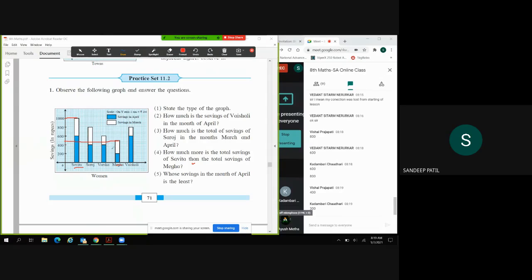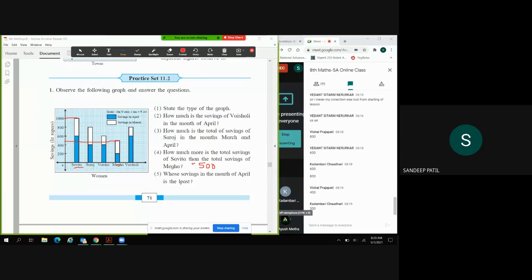So from this, we know that it should be around 500. Can you check? How much more is the total saving of Savita than the total saving of Mega? It's around 500, right? If we compare, this is around 500, this is around 1000, so it's 500.